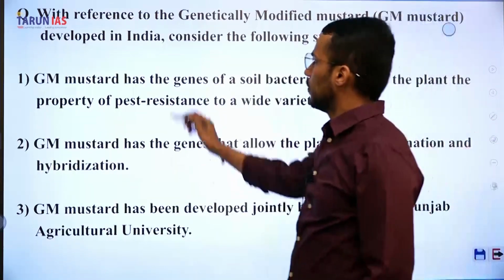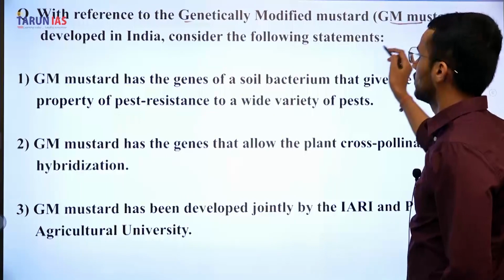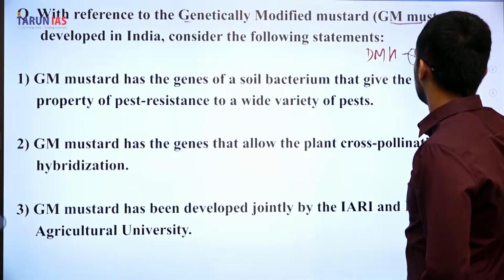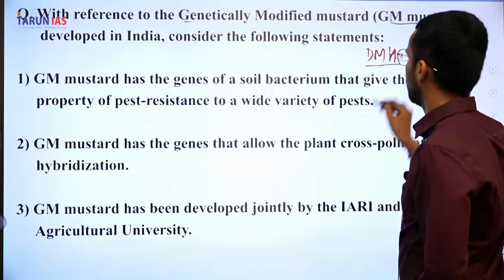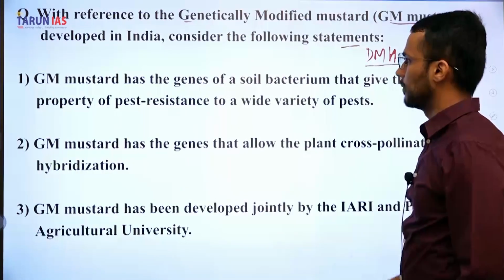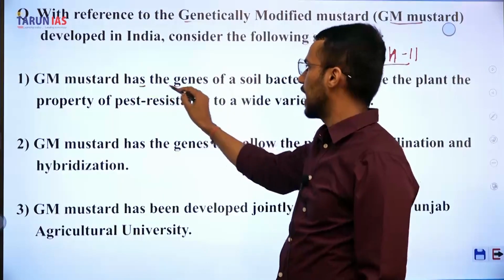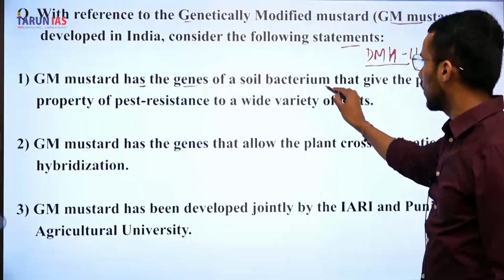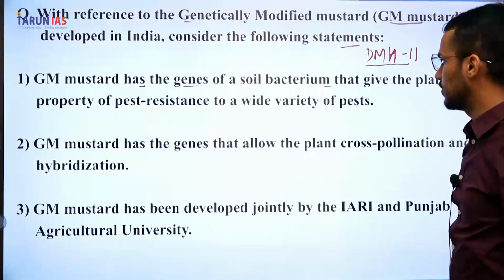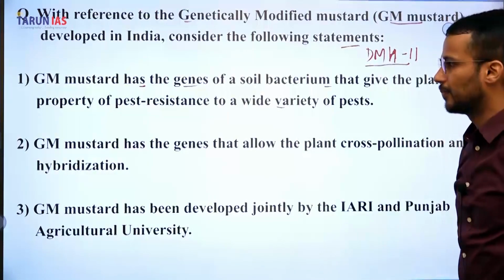Next question. With reference to the genetically modified mustard, GM mustard, which is also known as DMH-11, Dhara Mustard Hybrid 11, developed in India, consider the following statements. First, genetically modified mustard has the genes of a soil bacterium that give the plant the property of pest resistance to a wide variety of pests.